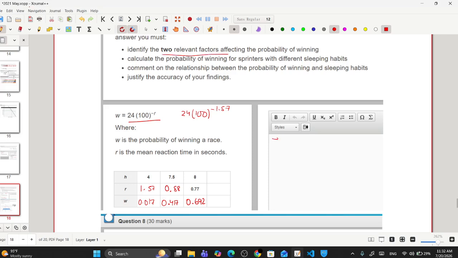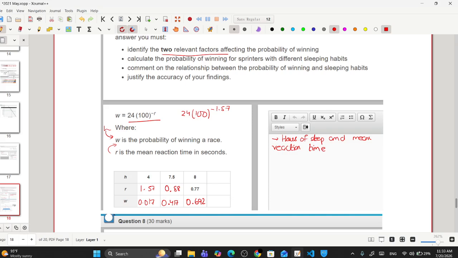The first factor is the hours of sleep and the second is mean reaction time, because these two are the core things that determine the winning probability the most. So we are done with the calculation part.